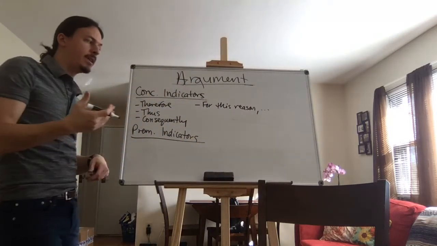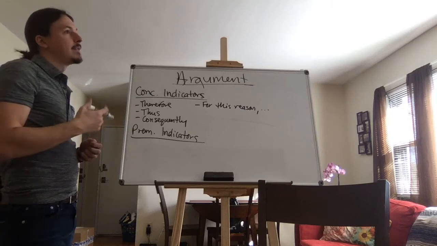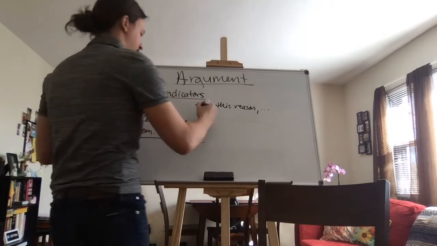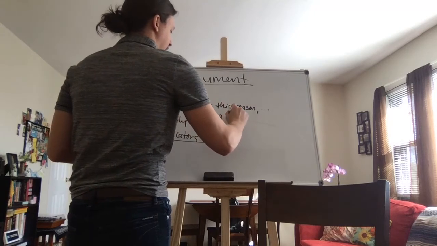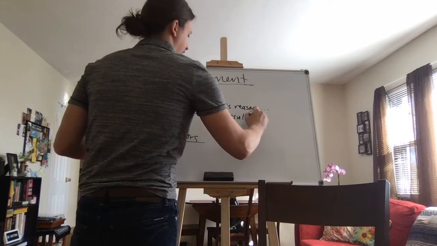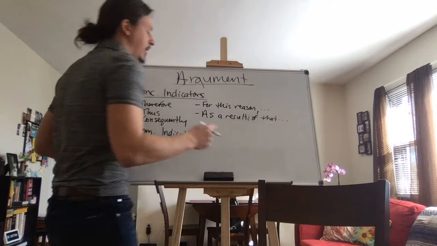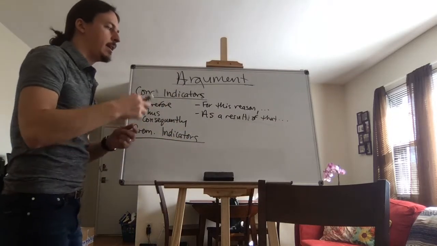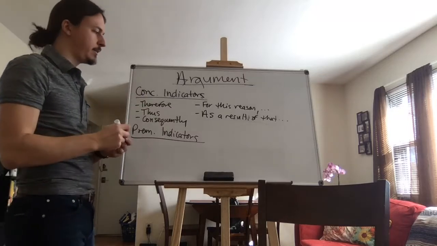Or for these reasons, or for those reasons. You have other ones like, as a result of that, right? Because as a result of that, it's telling you, because of those things, this thing now follows. So that's a good conclusion indicator.